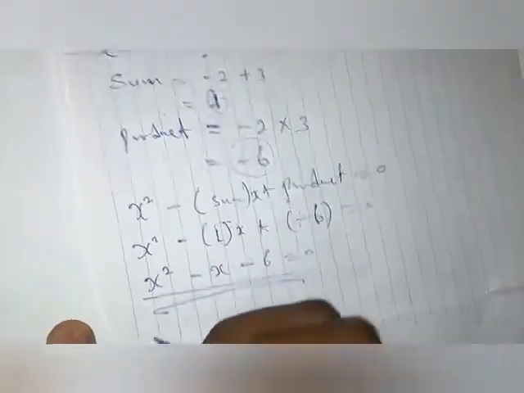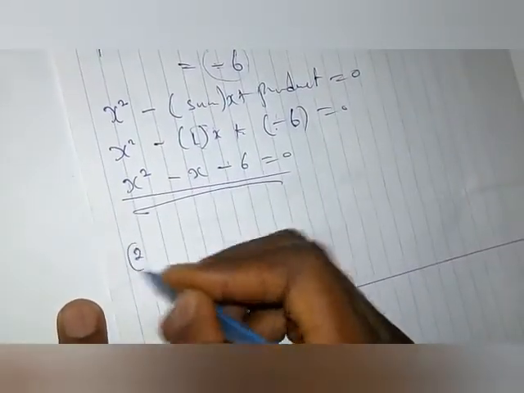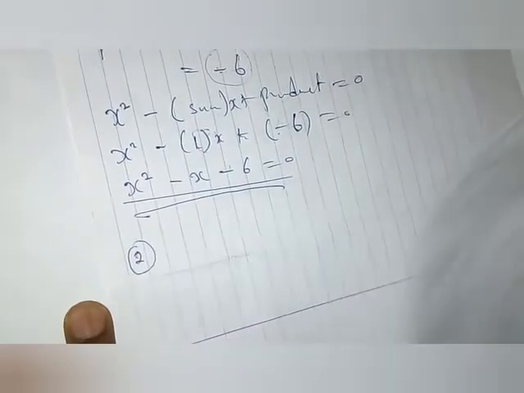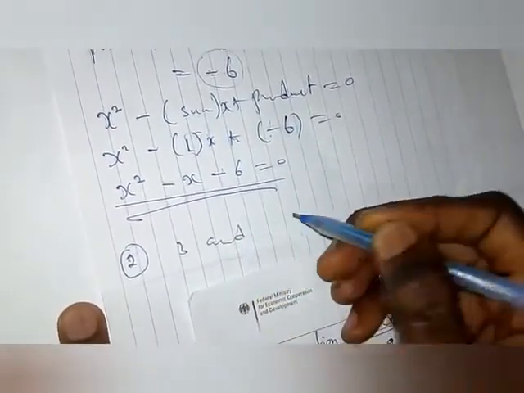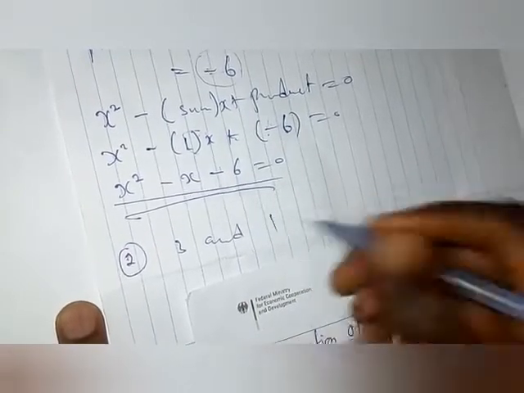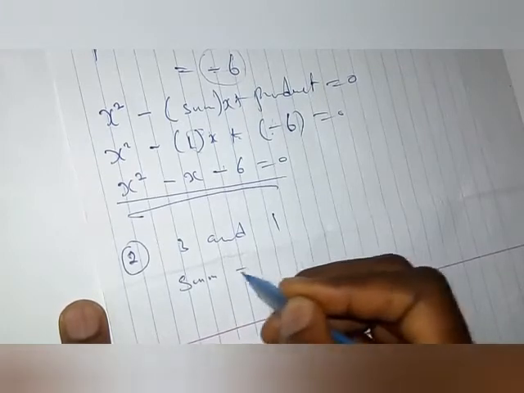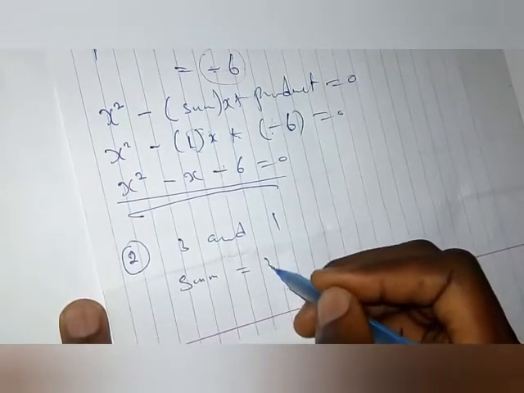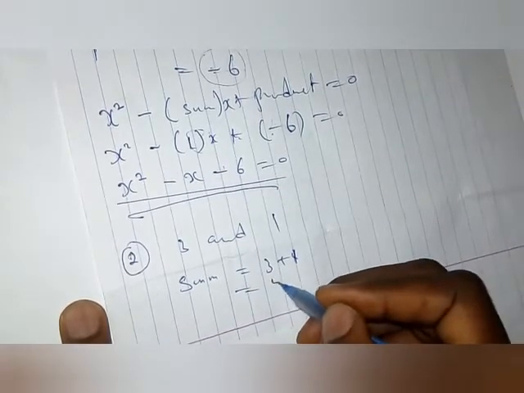The second example has roots 3 and 1. Do the same, just find your sum. Your sum is 3 plus 1, which is 4.